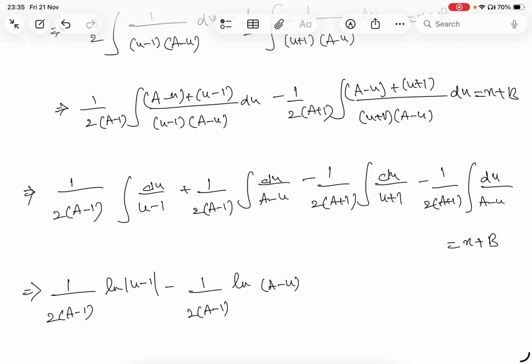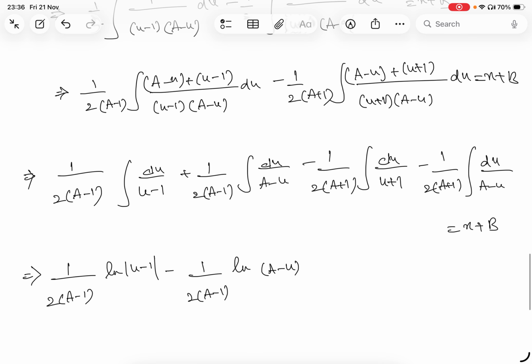Then you need to differentiate this a minus u again, which becomes minus. So that's why instead of plus there is a minus here, right? Then the third term is 1 by 2 into a plus 1 into ln of mod u plus 1.